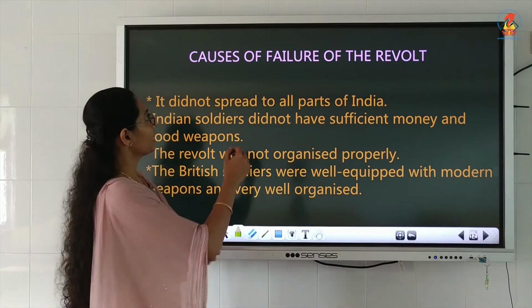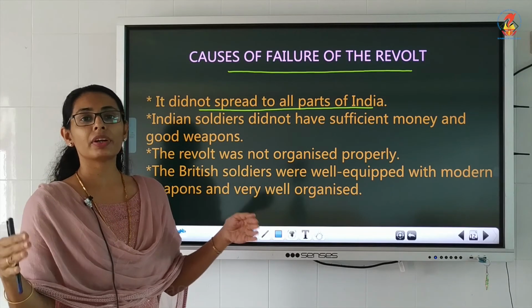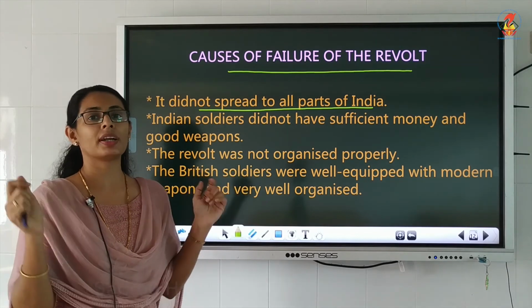And here are the causes of the failure of the revolt. The first important cause is that it did not spread to all parts of India. The revolt did not spread at an even time; it spread in different parts of India at different times.